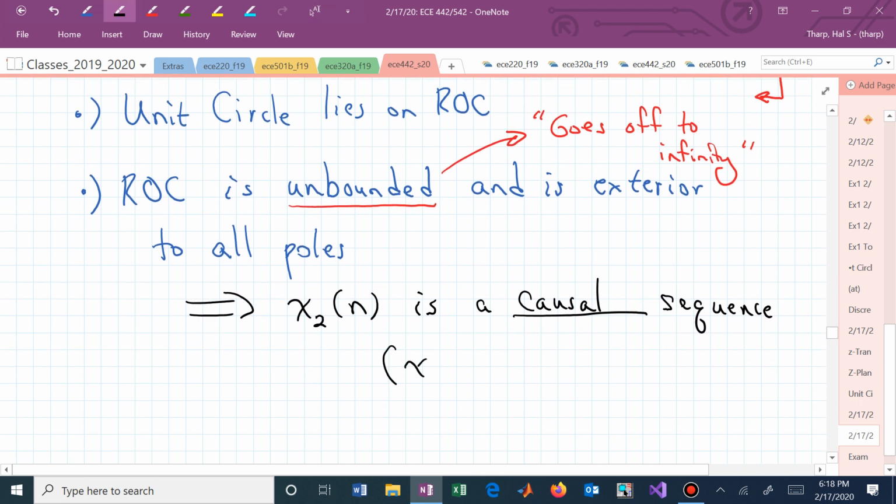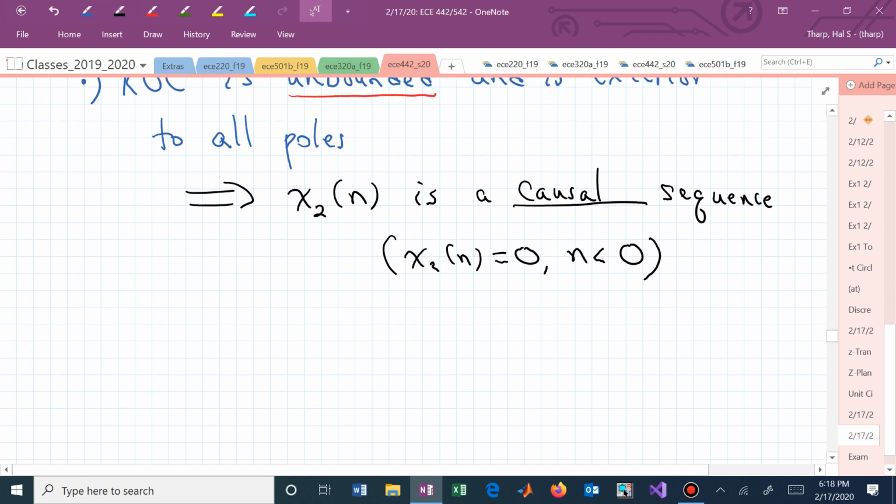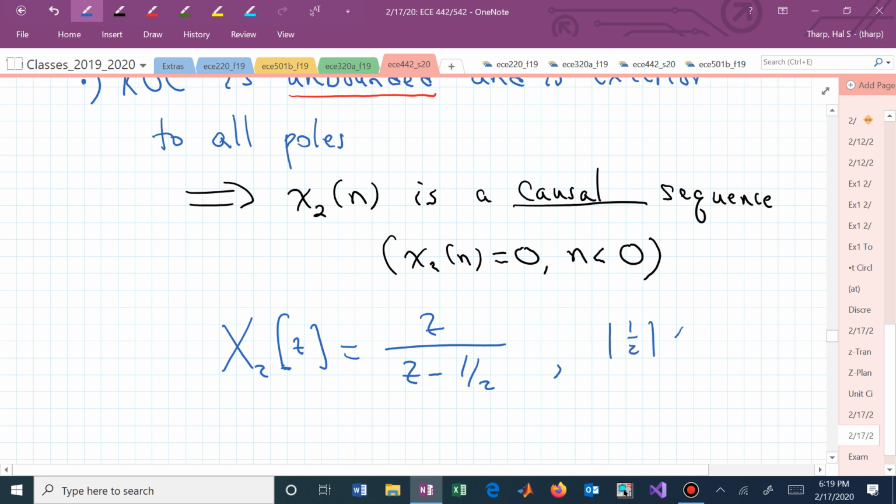Or we could now say that x sub 2 of n is equal to 0 for n less than 0. And we've computed what this z transform looks like for the sequence little x sub 2 of n. This was z over z minus 1/2, and our region of convergence was such that the magnitude of z is bigger than 1/2.